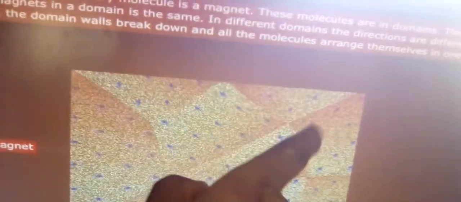Domain theory of magnetism. This is how a magnetic material behaves. It has atomic magnets that are aligned in opposite directions. So this region is a domain, this is a domain, and this is a different domain.